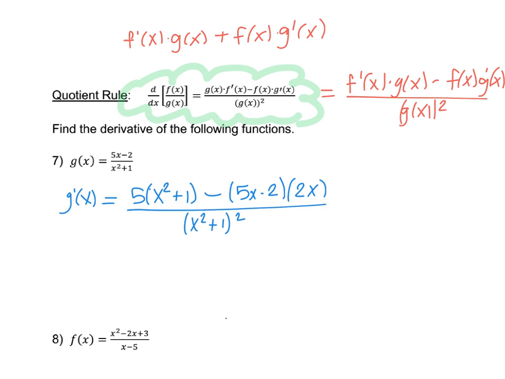Now in terms of simplifying, we've just applied the formula: derivative of the numerator times the denominator minus original numerator times derivative of the denominator over denominator squared. Now, all we have to do is simplify. In terms of the denominator, you can always just leave this as a quantity squared. You don't have to multiply that out, but we should definitely distribute and simplify in the numerator.